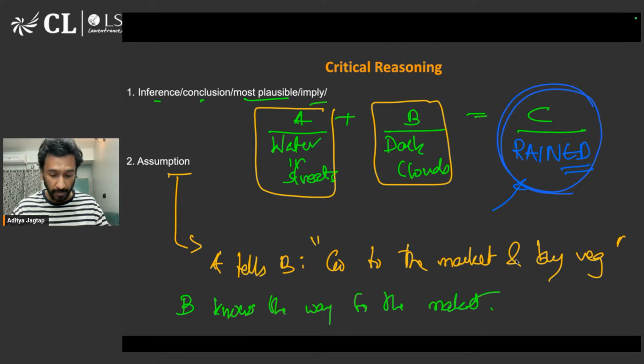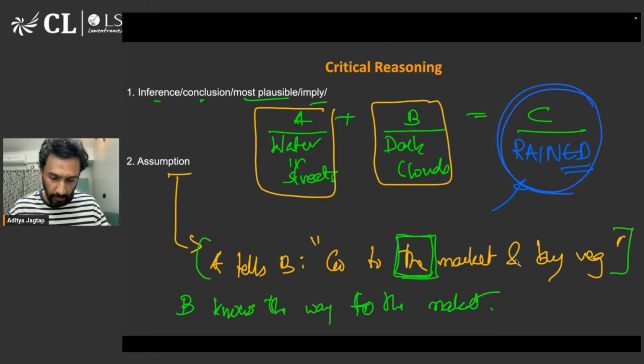The reason it's a valid assumption is that the original passage tells us that A tells B, go to the market and buy vegetables. This is the piece of evidence I needed for the assumption to be true. This evidence tells me B knows the way to the market.